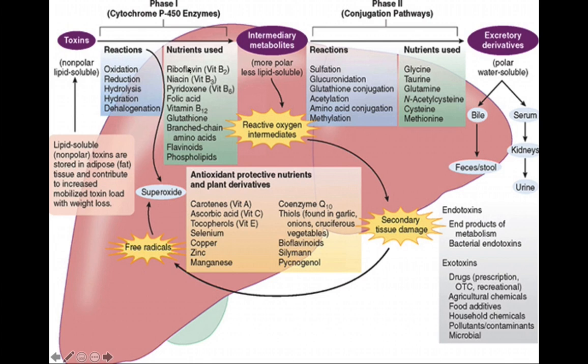Then there's many nutrients needed and vitamins to support each phase. So for healthy phase 1, you need riboflavin and niacin and pyridoxine, folic acid, B12, glutathione. You need your branched chain amino acids, flavonoids, phospholipids.